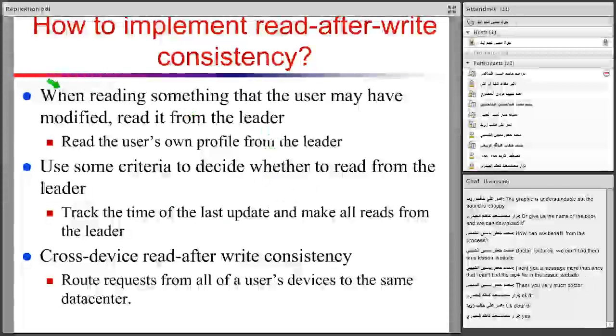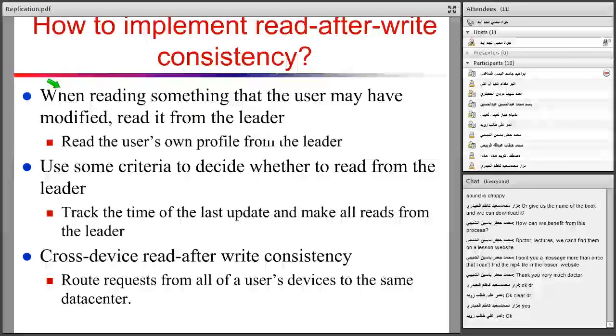So the first method to implement read after write consistency is, in the replication lag period of time, the read query is sent to the leader or a synchronous follower instead of an asynchronous follower.